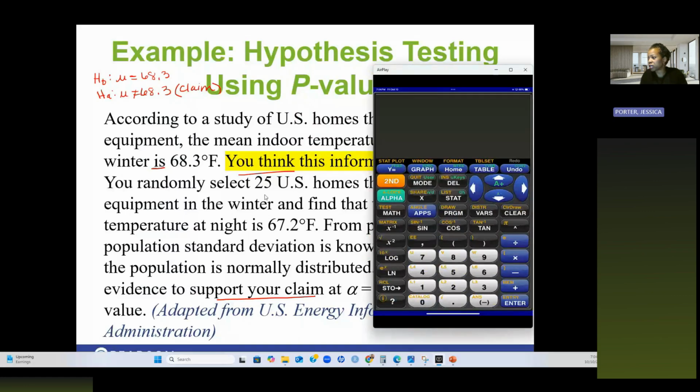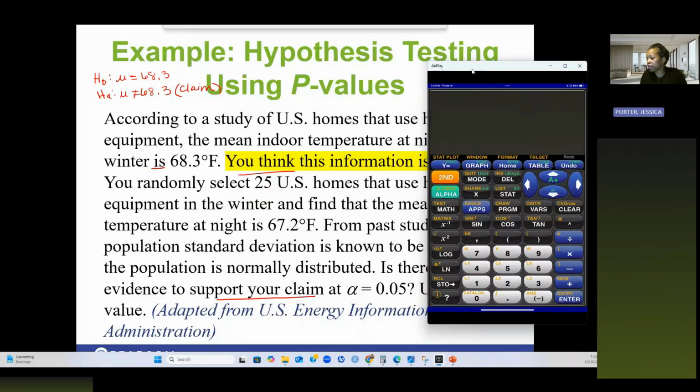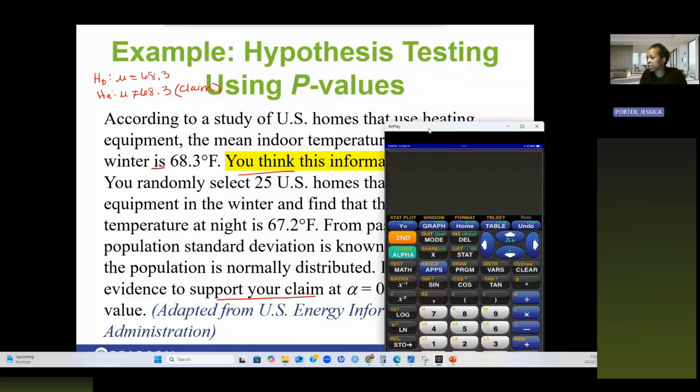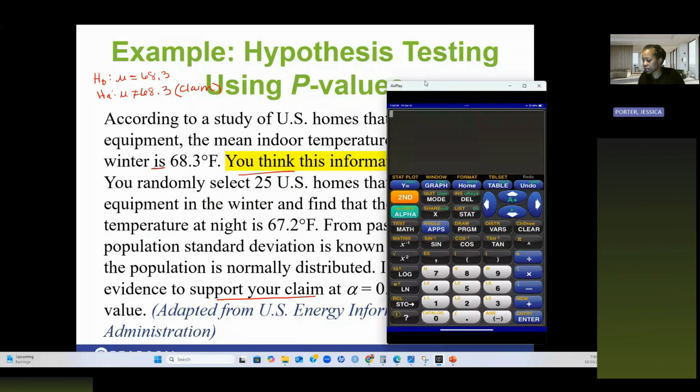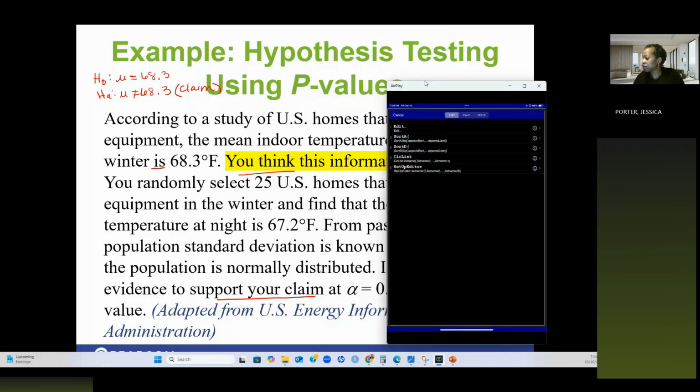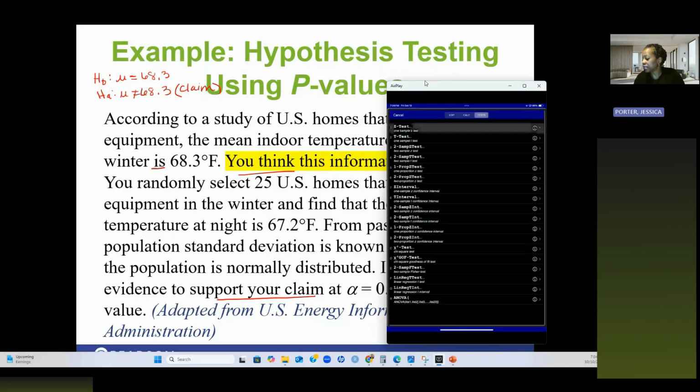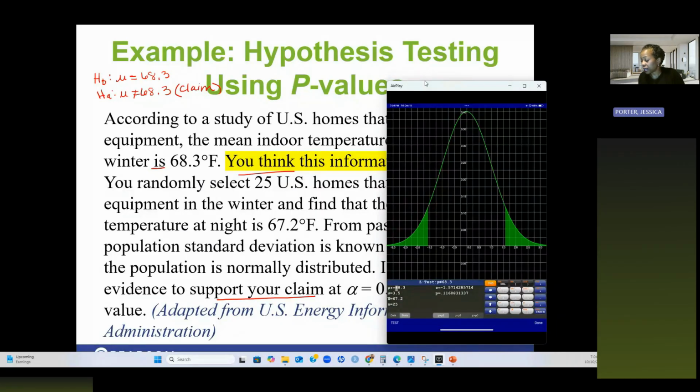So we went through last week and we did the calculations, and we'll do that again. I'll do it on the TI today, and that was the z-test. So stat, test, z-test, and I've already got the information in here: 68.3 was our population mean that we were comparing against. The standard deviation was 3.5.